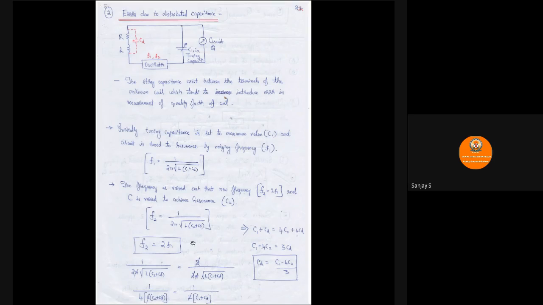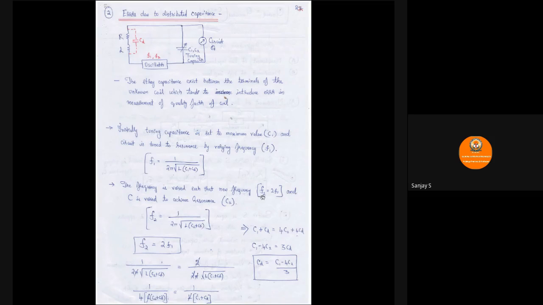Now later on, we vary the frequency and attain a new value of frequency which is double the initial frequency. So F2 will be equal to twice F1, and capacitance now will be varied to achieve resonance. Initially we had kept the capacitor constant and by varying frequency we achieved resonance. Now keeping frequency constant, we vary capacitance to achieve resonance.